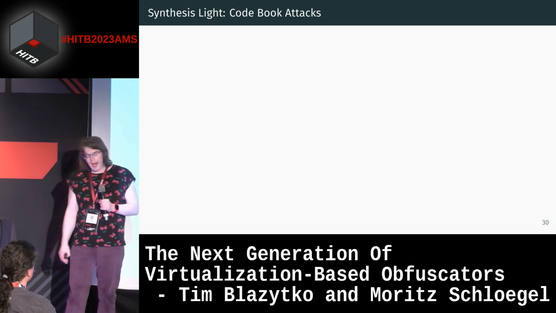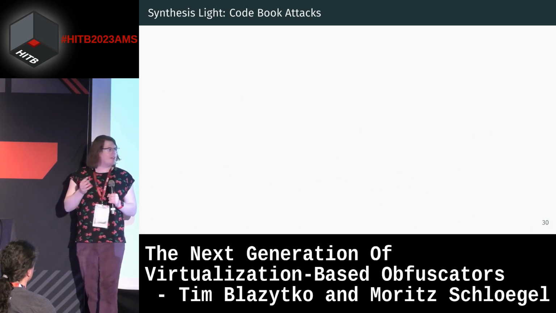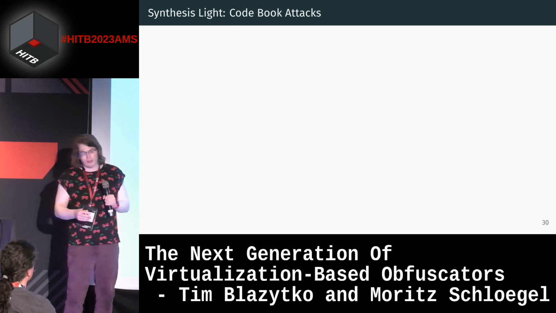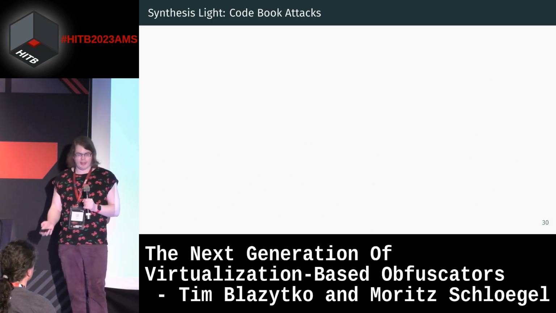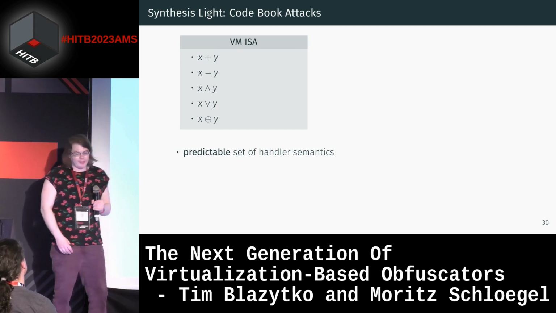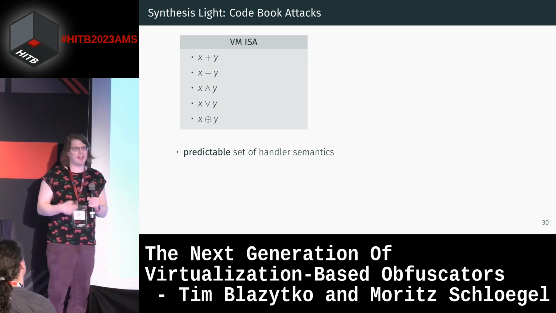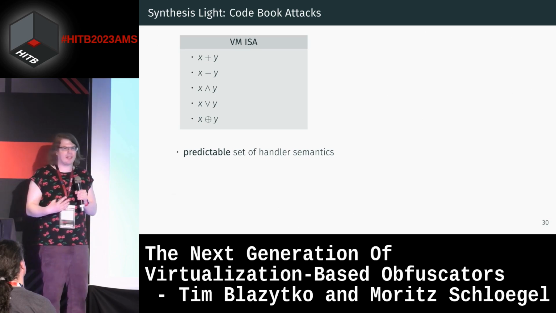So, for VM-based deobfuscation, we can even perform lighter attacks. So-called codebook attacks. What we know is that VMs have a predictable instruction set, like an addition, a multiplication, an XOR, and stuff like that.